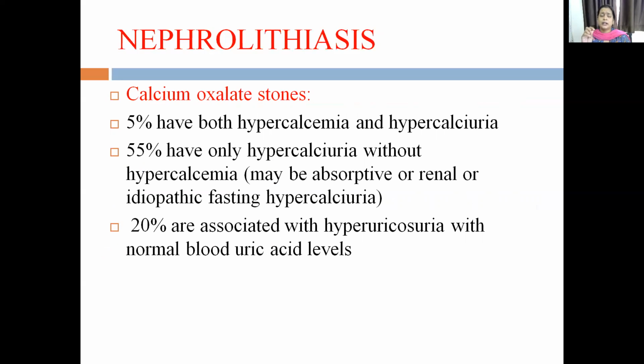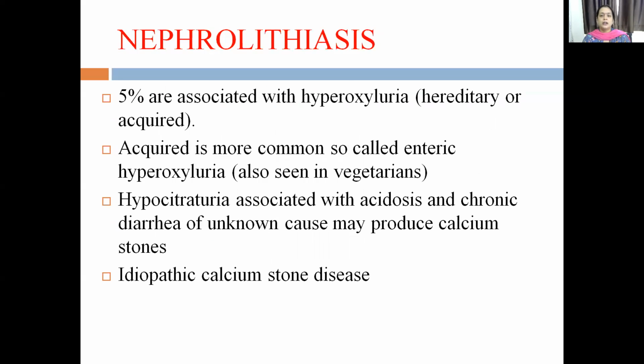I have to tell you that calcium oxalate stones or calcium stones can be formed because of hyperoxaluria or hypercalciuria in spite of having normal calcium. So it's not completely a metabolic derangement. 55% have only hypercalciuria without hypercalcemia, 20% associated with hyperuricosuria, 5% associated with hyperoxaluria, which is hereditary or acquired.